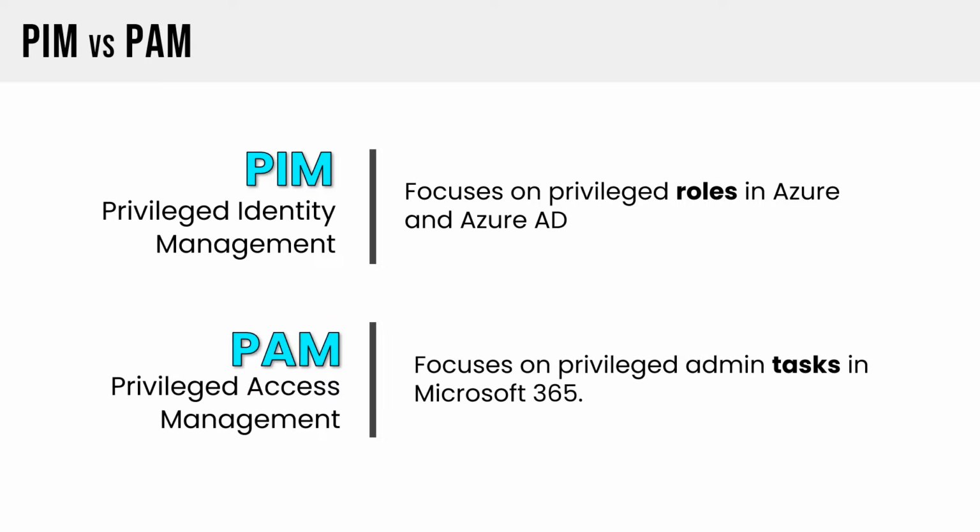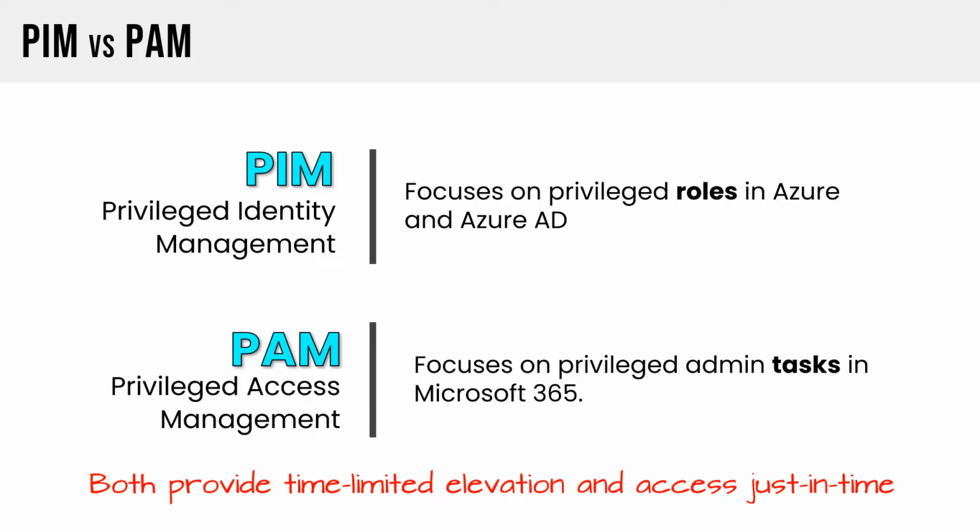And PAM focuses on privileged admin tasks in Microsoft 365. So the key here, both provide time-limited elevation and access just in time, but PIM focuses on roles in Azure and Azure AD. PAM focuses on tasks in Microsoft 365.